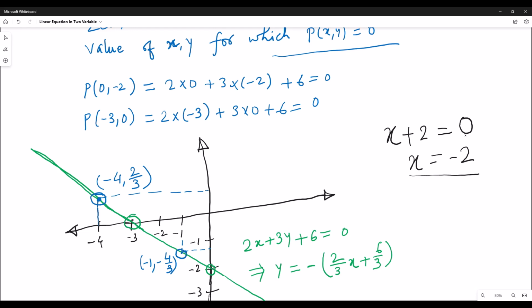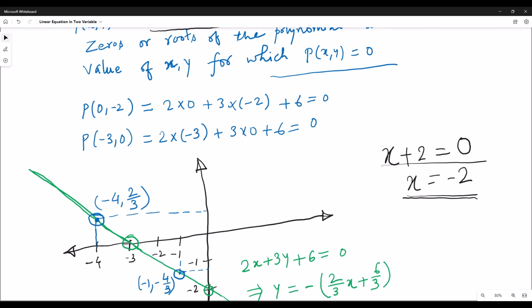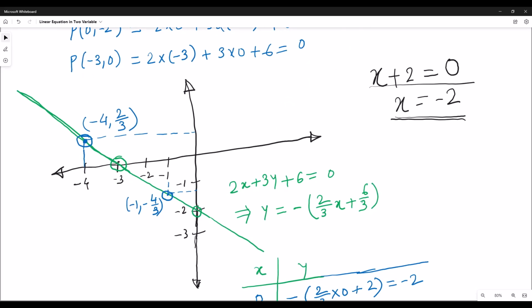So this has a unique solution of x equals minus 2. But for linear equation in two variables, there are infinite number of solutions possible, and all those solutions lie on a straight line. If you try to plot all the solutions of this equation, you will find that they all lie on a straight line.